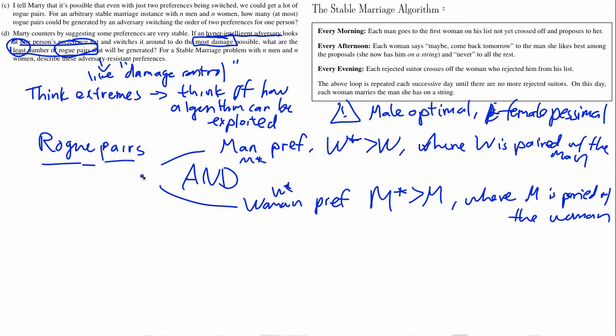And how do we generate them? Well, how does the algorithm affect rogue pairs? If you think about it, this algorithm is female pessimal, so does the algorithm really have a say about case 2? Actually, it really doesn't. It depends on the proposals the woman receives.